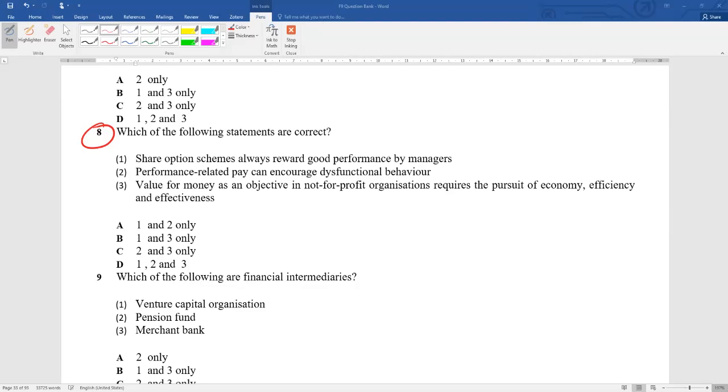The answer is C. Don't forget share option scheme. In point number 1, the share option scheme always rewards good performance by managers. Not always. For example, the share price may not always be within the control of the managers. Take the case of COVID, what happened to the share price?